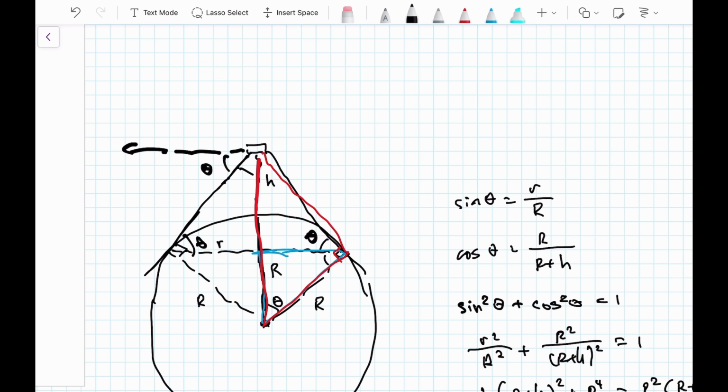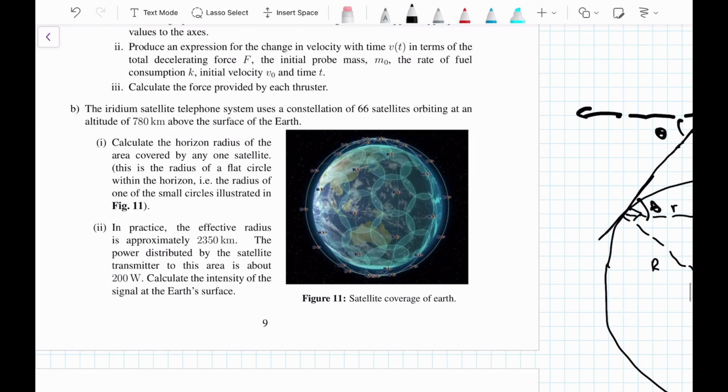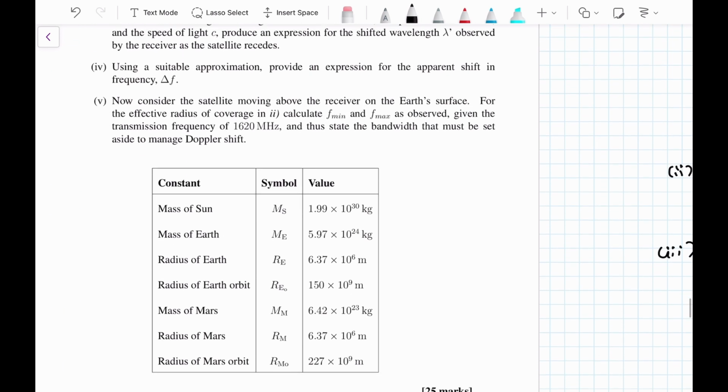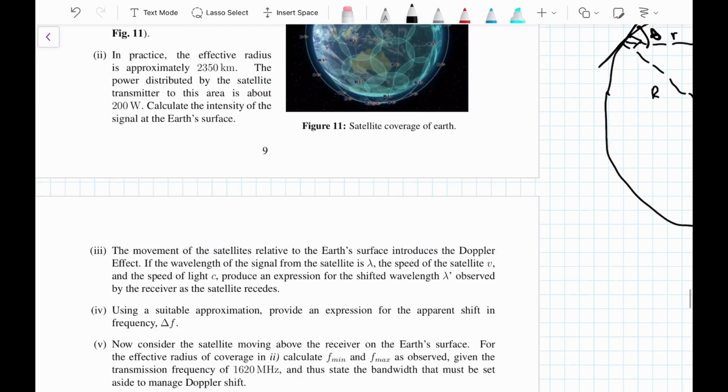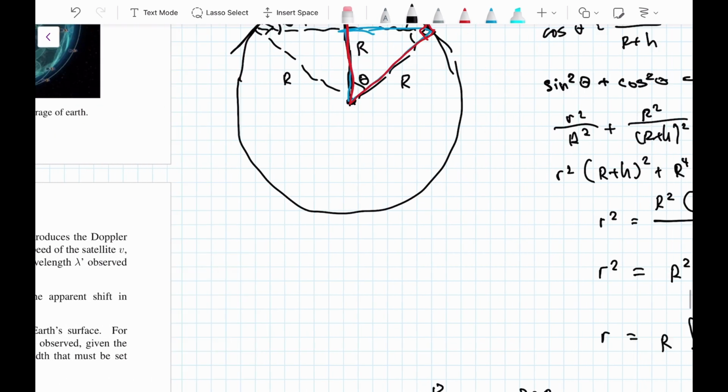So we can calculate the speed of recession in this case. Before that, it didn't mention anything about the speed of the satellite, so we have to calculate that ourselves. Then we can multiply that by cosine theta to get the speed of recession, and then calculate the fractional change of frequency.